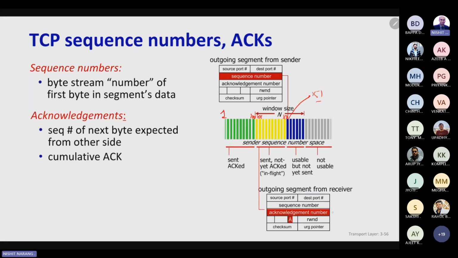What is the acknowledgement number? It is not the same as the sequence number. Sorry about that. So when the receiver acknowledges receipt of certain bytes, let's say these yellow ones have reached the receiver successfully, bytes 101 to 150 have reached the receiver.